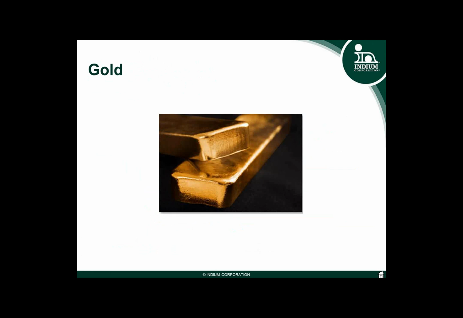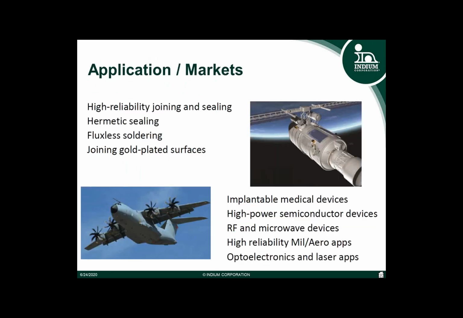Unless you are a James Bond villain or in the banks in London right now, gold is a good topic, but it's actually used in electronics markets as well, medical, and high-end communications, and it's used for hermetic sealing with flux-less soldering operations, as was mentioned before in the presentation.